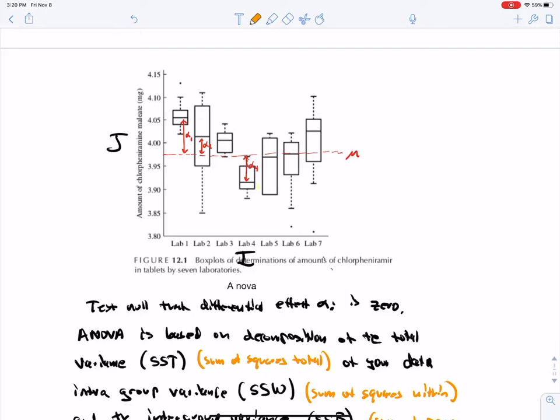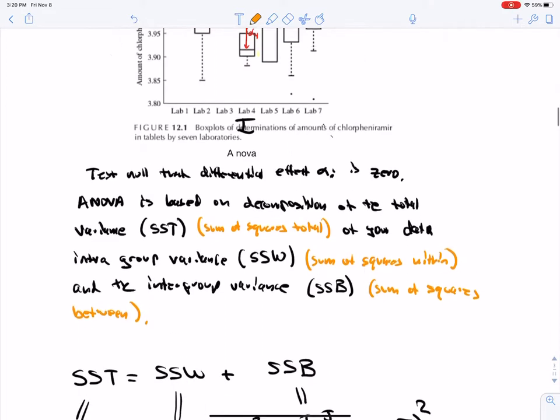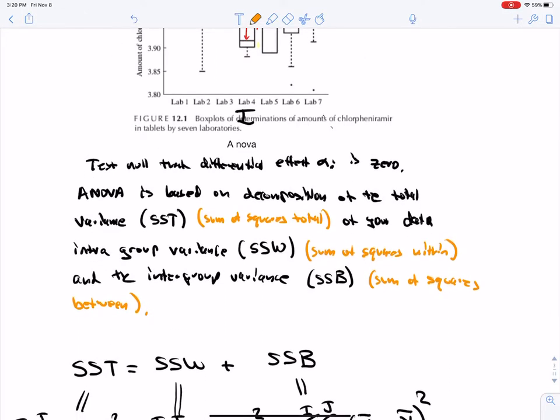So I have 7 labs and measurements for each lab. And I've drawn the total mean mu and some differential effects. So we're testing the null that the differential effects are 0.